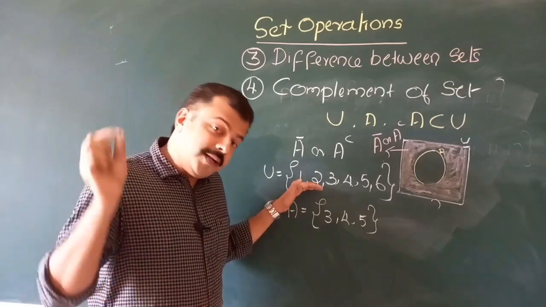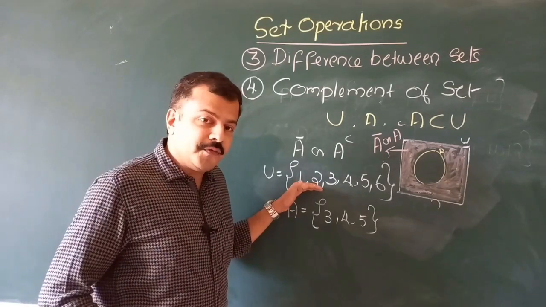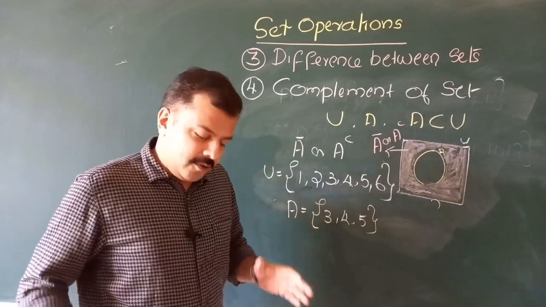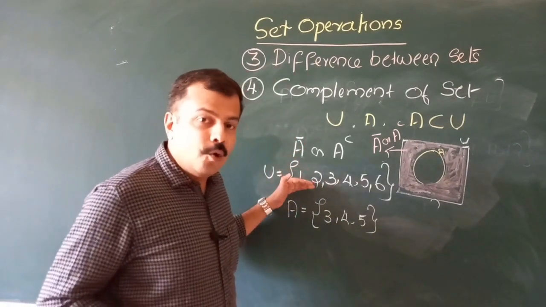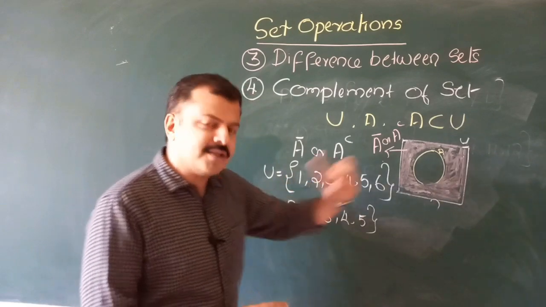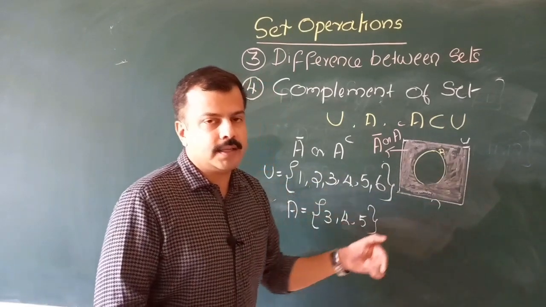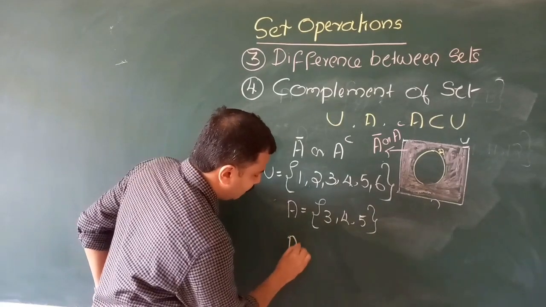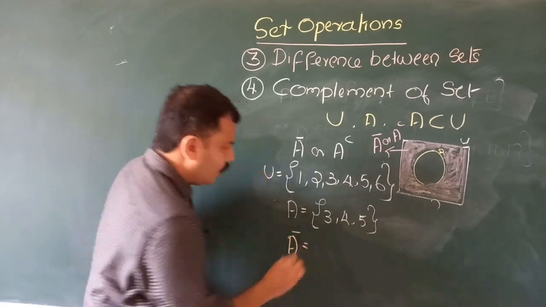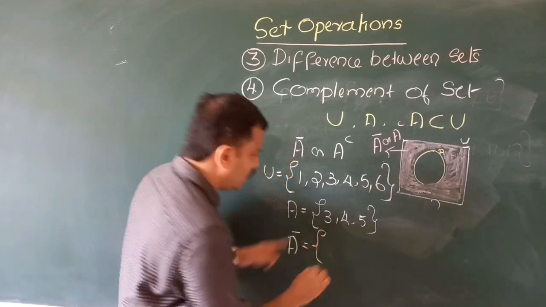Now, what is the complement of A? As we said, complement of A consists of all those elements that belong to the universal set but do not belong to set A. So what will be the answer? A complement equals all those elements that belong to the universal set.